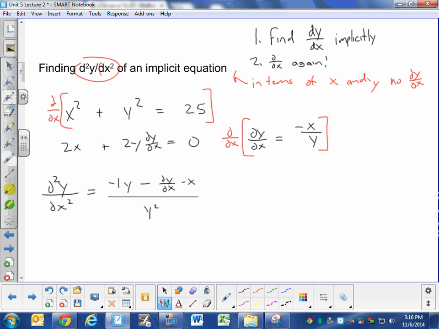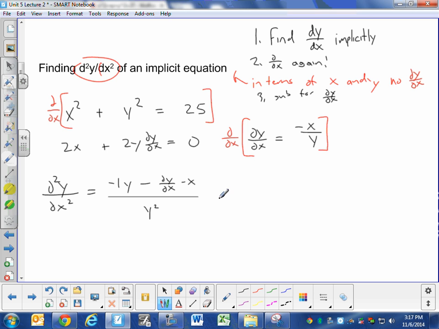But it's in my answer. How do I get rid of it? Exactly. We know what dy dx is equal to, negative x over y. So step 3 is to sub for dy dx.